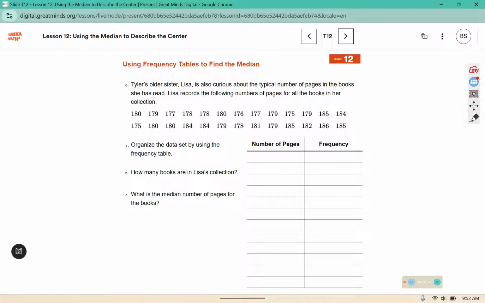In this problem, it says Tyler's older sister Lisa is also curious about the typical number of pages in the books she has read. Lisa records the following numbers of pages for all of the books in her collection. Organize the data set by using the frequency table. So we're going to create a frequency table for these numbers of pages.